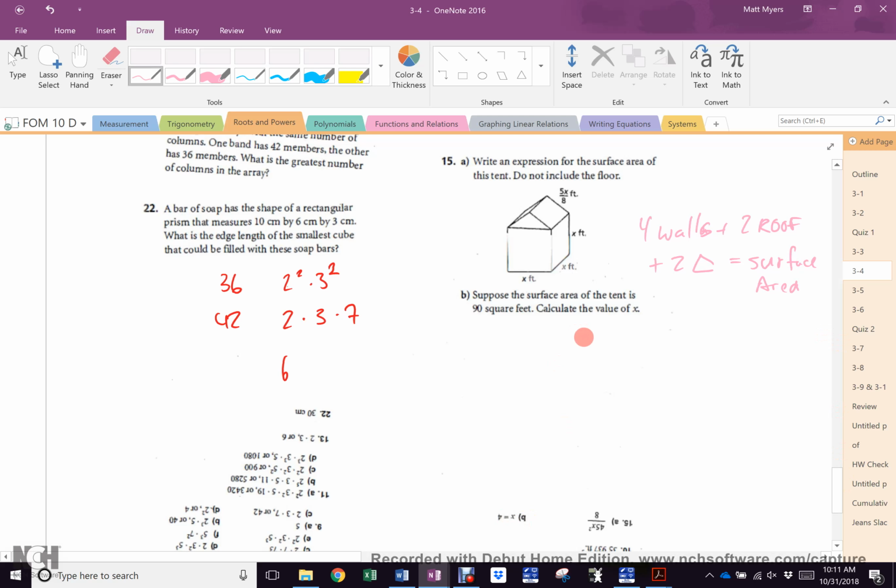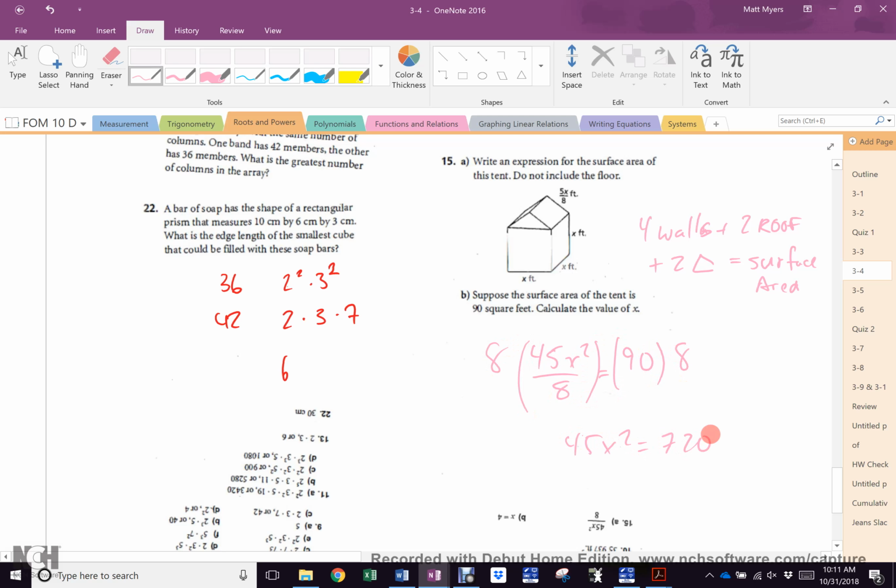Now, how do I do the last bit? If the area is 45x squared over 8 and the area is 90, how would you solve for x? What do you do to get rid of the 8? Multiply by 8. 45x squared equals 720.